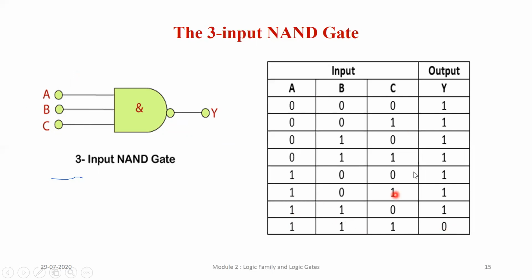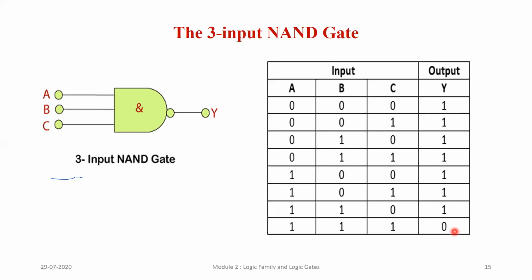In any other combination I'm not getting all ones, so my output is 1. When I have all the inputs as 1, at that time my output is low. So exactly the opposite of the 3-input AND gate, we get the output of the 3-input NAND gate.